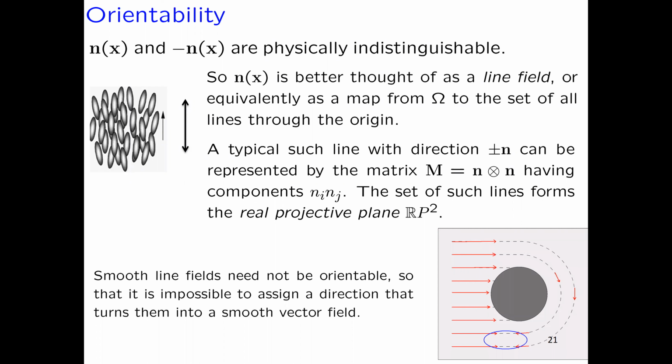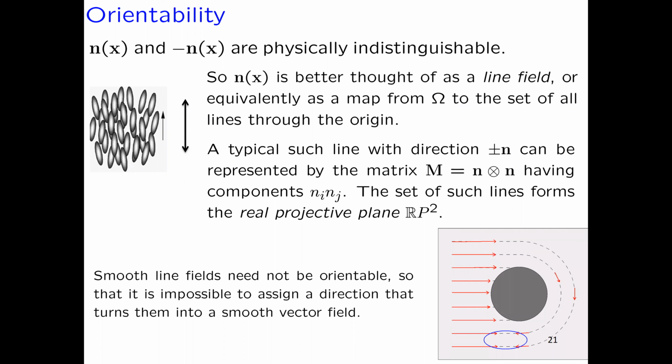The line field specifies a direction, but not an arrow. So the line field is going to be like this. I think it's essentially obvious what happens. They go around. These ones here just end to the end in the cylinder. Okay, so that's a smooth line field.